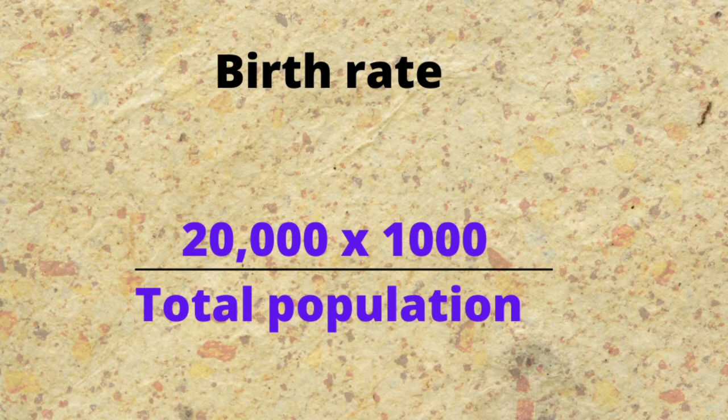It would be 20,000, because 20,000 is the number of babies that were born. 20,000 times 1,000, because we calculate it out of every 1,000 persons. 20,000 times 1,000 over 4 million, or divided by 4 million, because the size of the population is 4 million people.